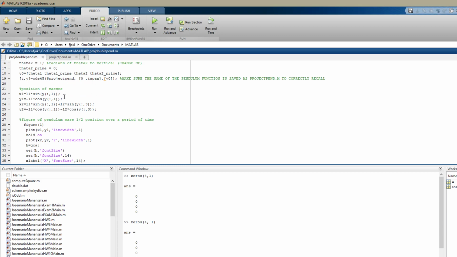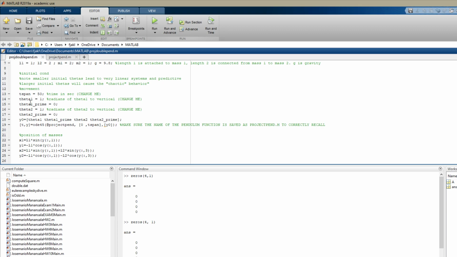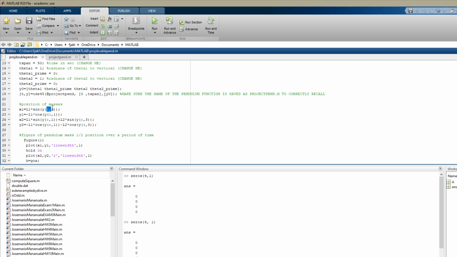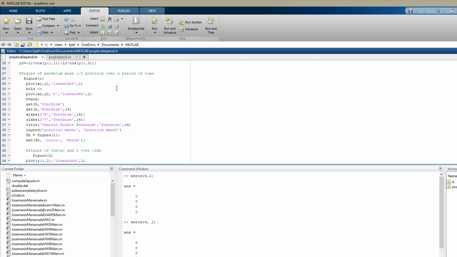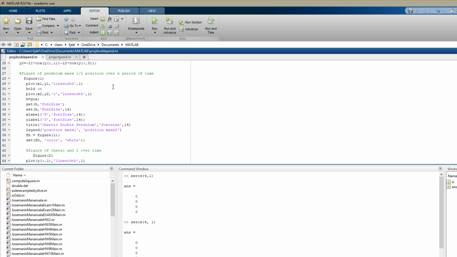Here we have position of masses. These are important to keep track of because they keep in mind the thetas here. These are just filling in indexes because it's not as robust manually putting these in.